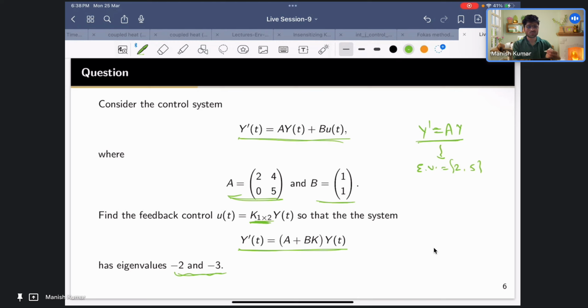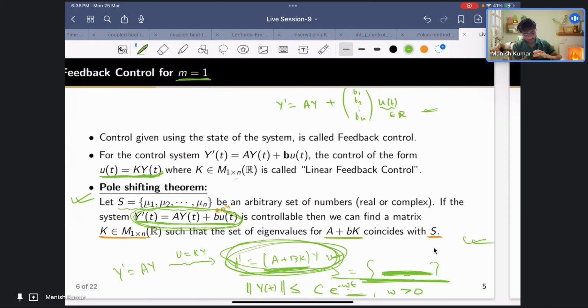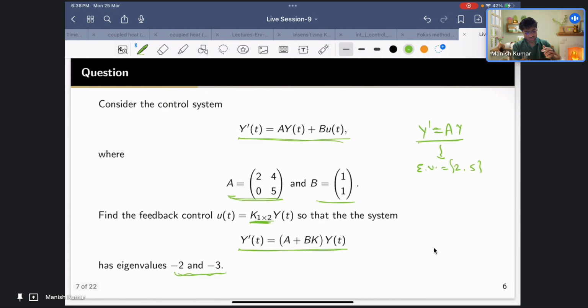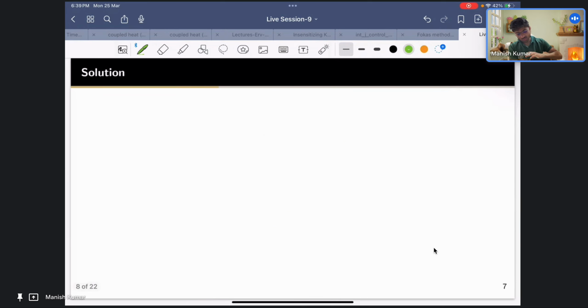So you are stabilizing the system. Let's not go into the stabilizability, just let us be concerned about the proof of this theorem, which tells that given any set you can find the matrix K such that A plus BK will have eigenvalues equal to that set. So now let us go into the proof.